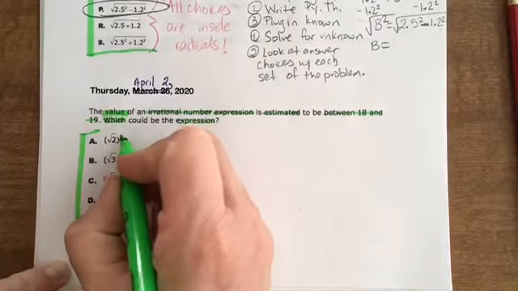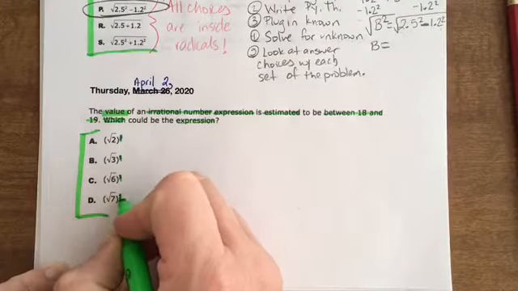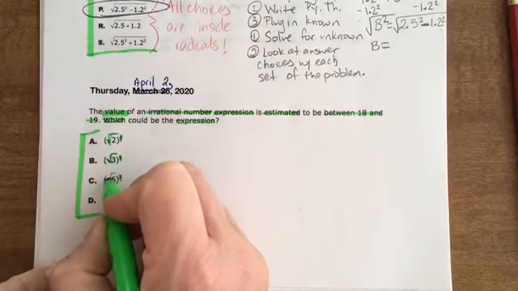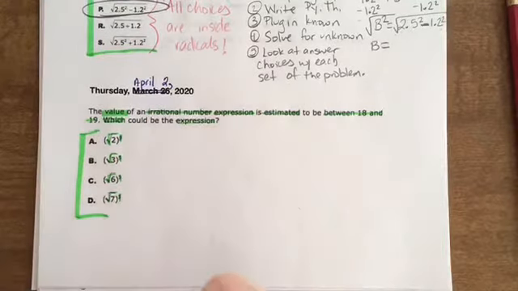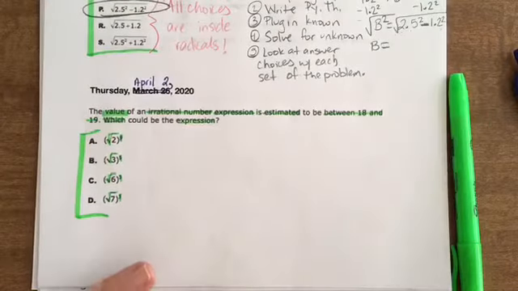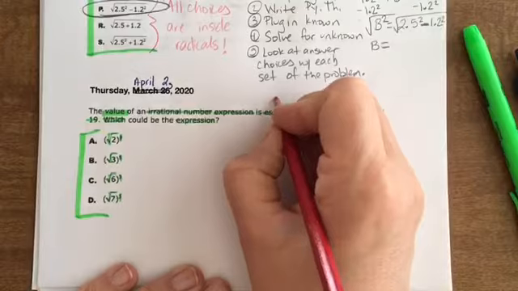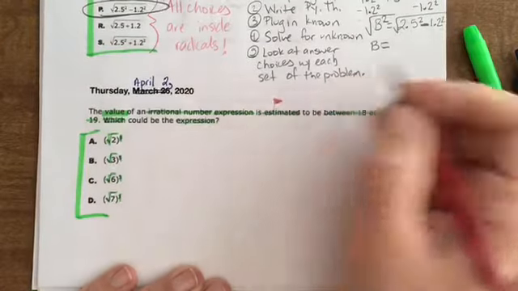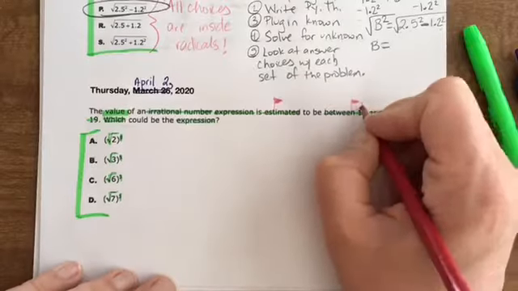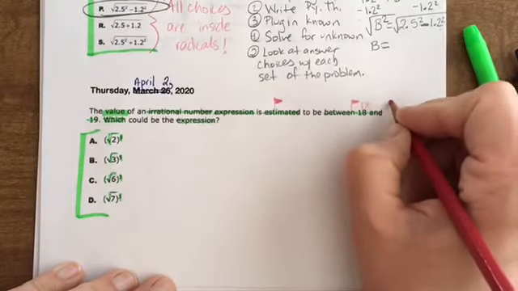I would say that each exponent is a keyword, and each of these numbers being inside a radical would be a keyword. Looking at red flags, things I need to be sure I pay attention to: I'm looking at an estimation. I am between 18 and 19, which means I'm not 18 and I'm not 19.